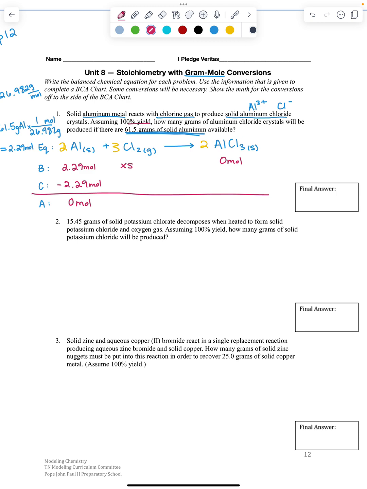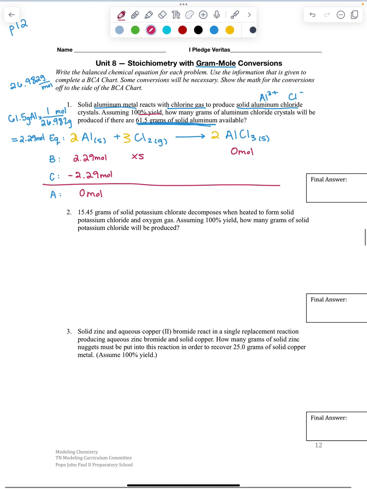Okay, and if I have 2.29 moles of aluminum reacting, I can solve for my chlorine gas because it's a 2 to 3 ratio. So I'm trying to solve for this number. So I use my proportions. And I multiply 3 by 2.29 to get 6.87.